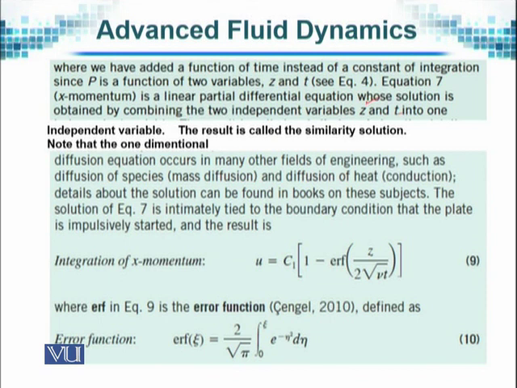When we integrate the diffusion equation, we finally obtain u is equal to some constant of integration C1 times 1 minus the error function of z over root nu t divided by 2, multiplied by 2.